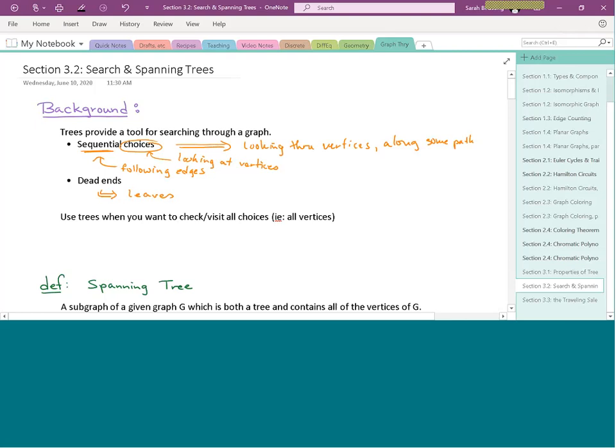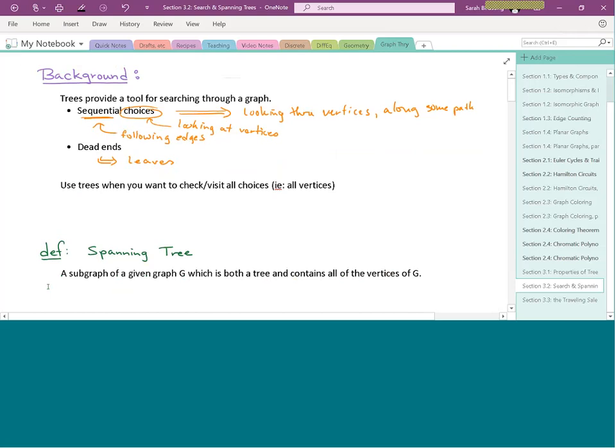Okay? So what we do here typically is when you build, and we'll define a spanning tree here the very next thing, but what you typically do is build something called a spanning tree, and this is a subgraph of your given graph where you use all the vertices, but you just use some of the edges, enough of the edges so you get a tree, but no extra edges, okay?